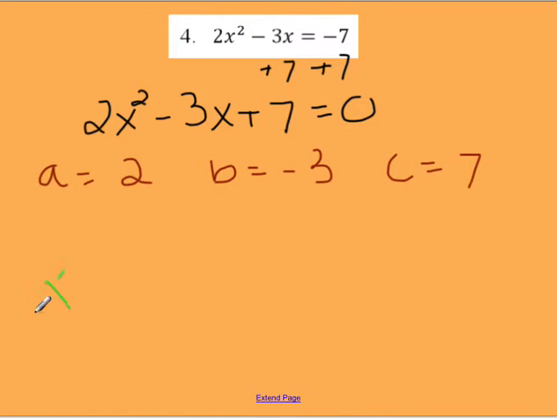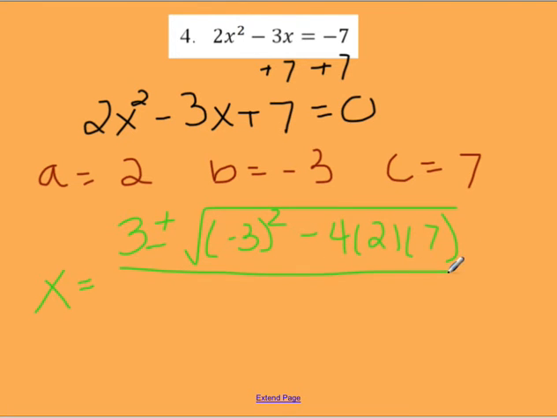So I end up getting x is equal to the opposite of b, and since b is negative, it's going to become positive, plus or minus the square root of b squared. Again, when you're squaring a negative number, it's really important to put parentheses around your negative sign. Minus 4, remember 4 comes from the formula 4ac, all over 2a.